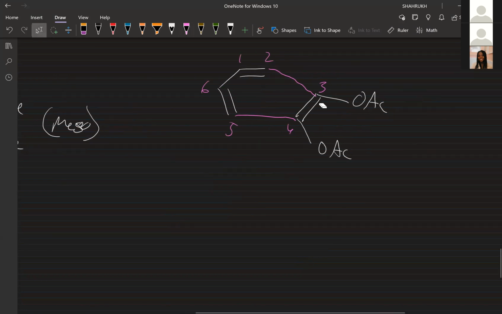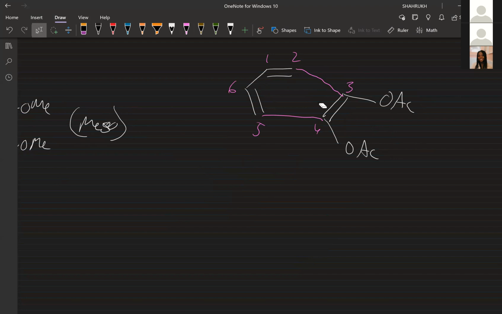I think that'll make it a little easier. So carbon 2 bonds to carbon 3, carbon 5 bonds to carbon 4, and those are the new bonds that formed. The bond between carbon 3 and 4, if we drew arrows here, this arrow would be like this, this arrow would be like this. So the double bond between 3 and 4 is gone now because that's attacking 5. And then this bond goes here, right?